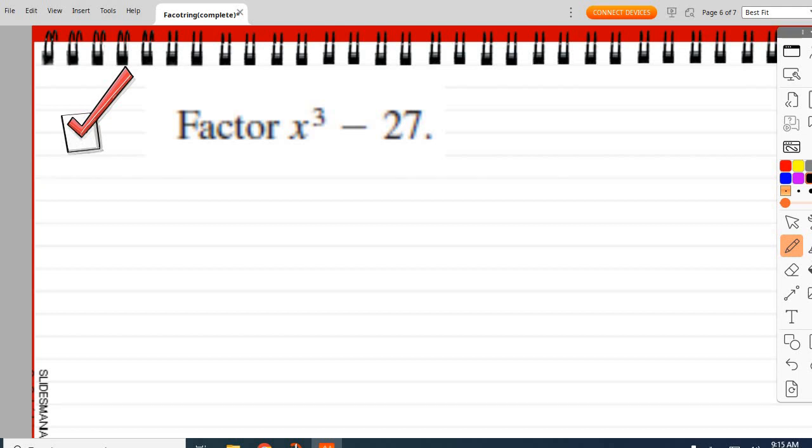Now, since we have 2 terms, again, we want to go to that 2 terms list. We have a difference. Can we use our difference of squares this time? No, because I have a 3, and I can't write 3 as something squared like I could with the 4. However, what other formula do we have there?